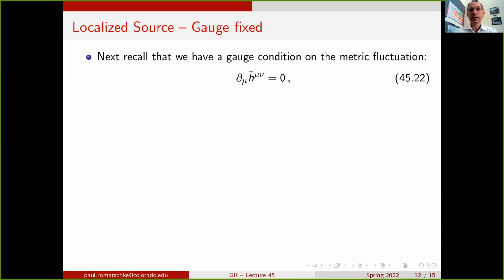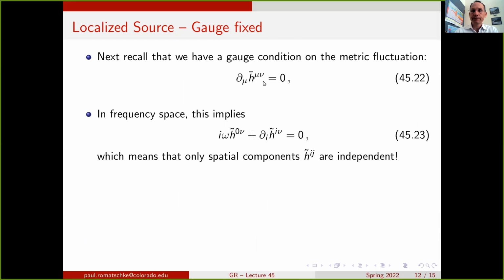We are almost done, except that we can still simplify the result further by remembering that we can do a gauge fixing on the metric field fluctuation. If we use again the same gauge fixing condition as in the past lecture 44, we can set the divergence of h mu nu to be 0.